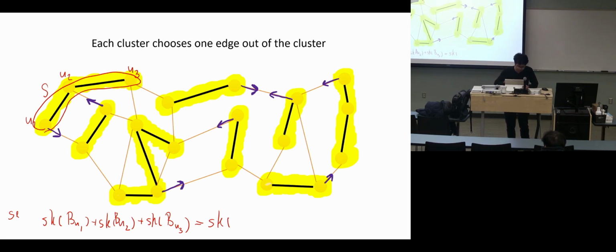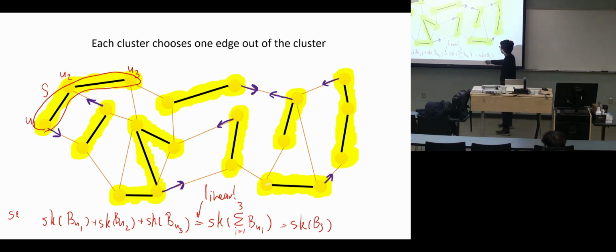It is a sum from 1 to 3 of BUi. It's linear, we use this, and this is BS. But now from this sketch, if you query it, what will it give you? Just one edge going out of the set. Exactly what we want. It gives you this edge. And just do the same thing for each of the clusters. Make sense? Okay.